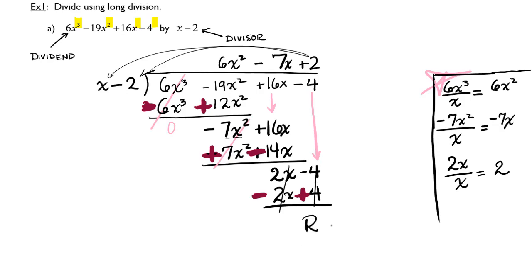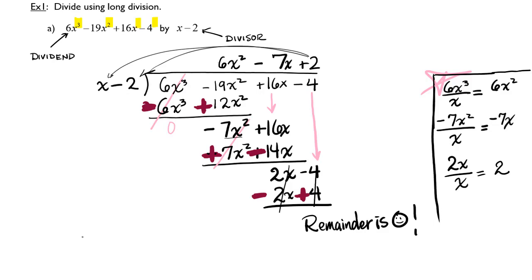My remainder is 0. Okay? And that's a good thing, because it means that x minus 2 is one of the factors of 6x to the third minus 19x squared plus 16x minus 4.